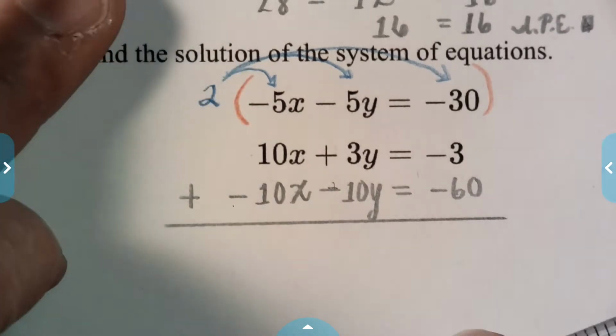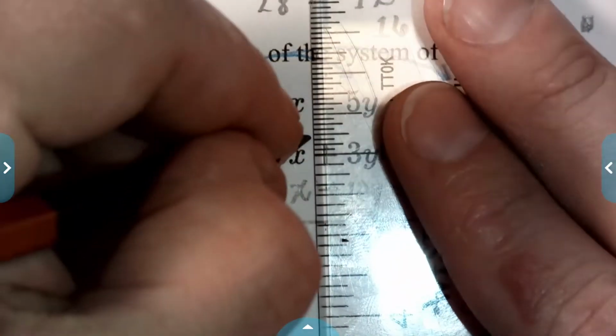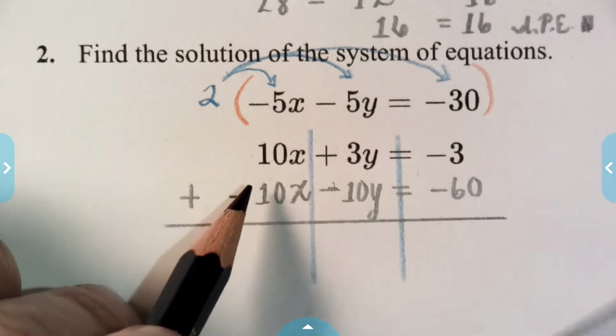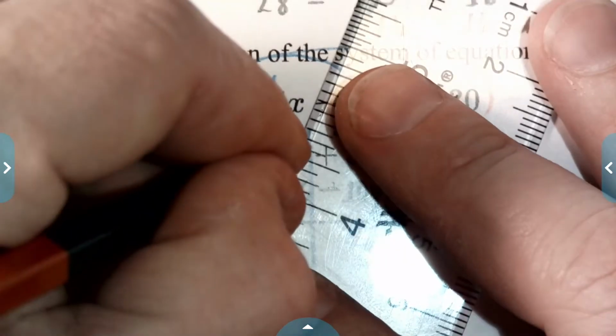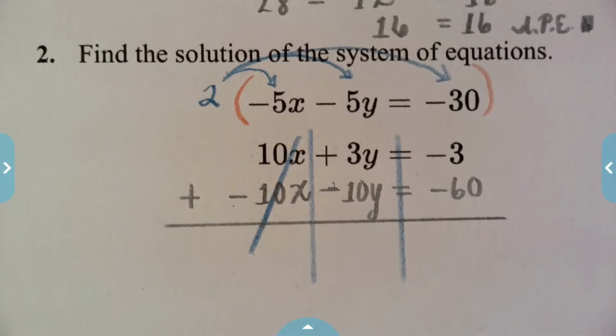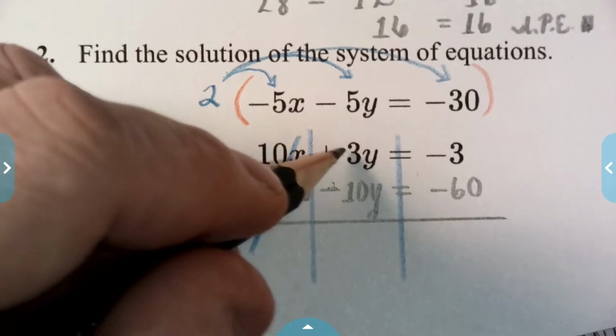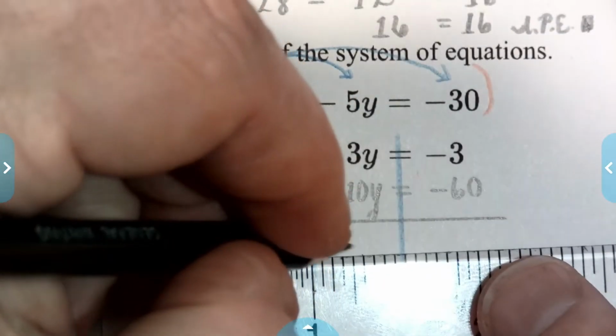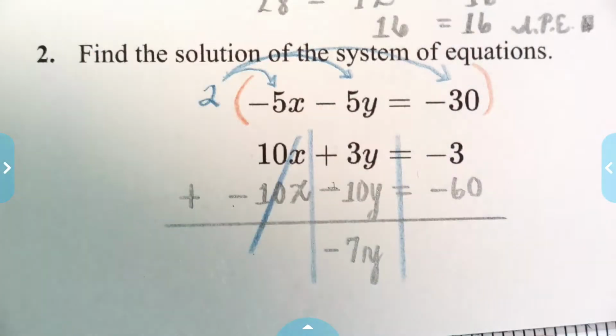Again, I strongly recommend this columnar method. This will help you immensely keep things separate. So right away I see, oh, okay, so now the x values are gone, and we can just add up plus 3y minus 10y. That's going to give me negative 7y, equals negative 63.